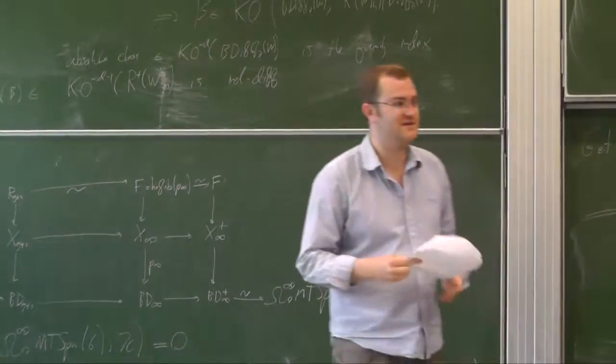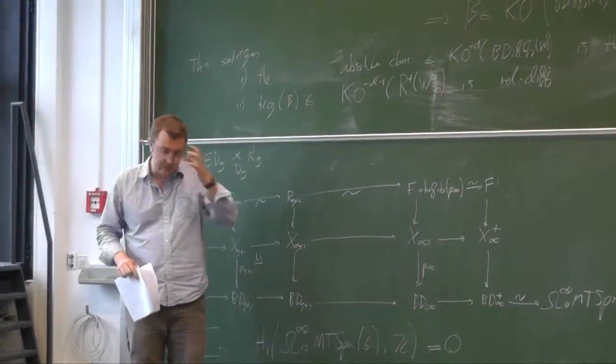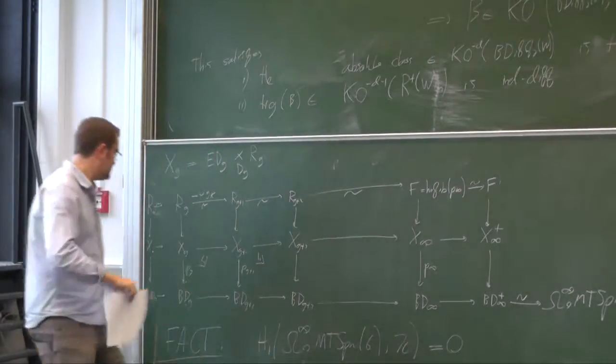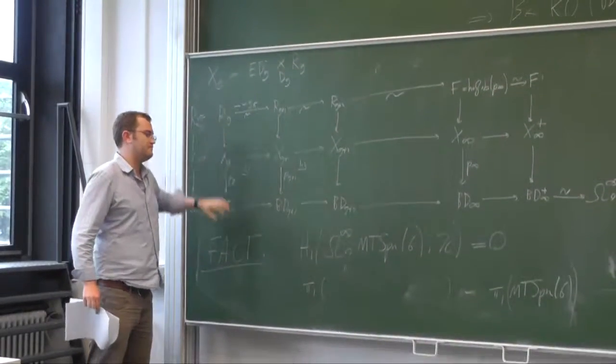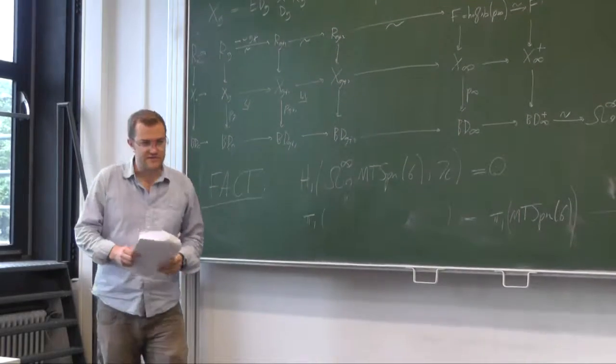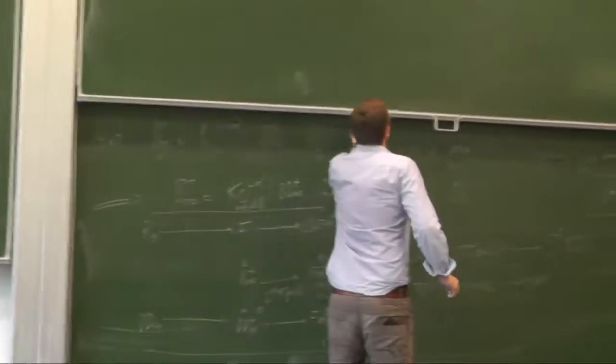If I have 1 minute, I just wanted to point out that I went through everything in dimension 6. The only time I used that was for this fact. This fact is not strictly necessary, although it's convenient because I can go through the proof quicker.